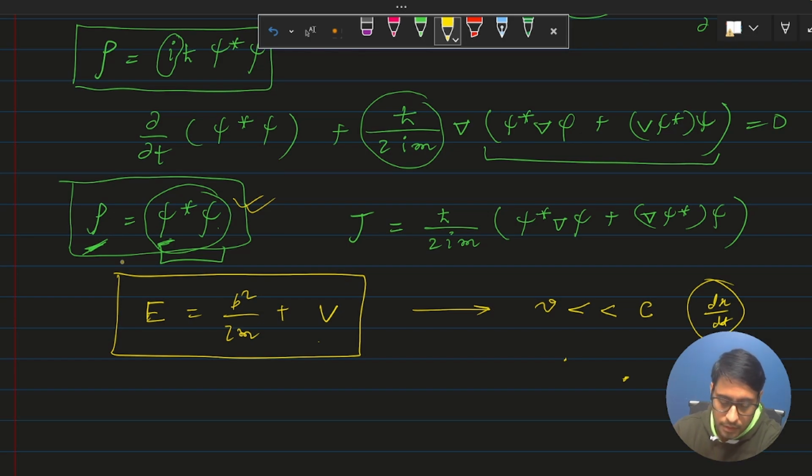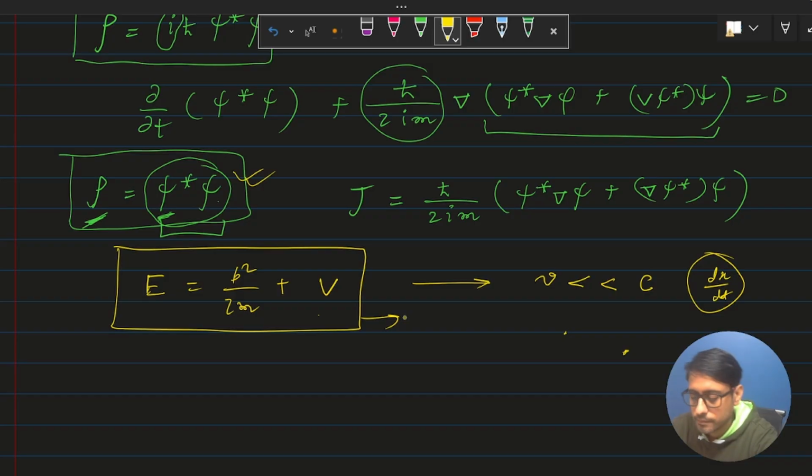Okay, and this equation is for the classical world. Okay, where a ball or a projectile is moving with some velocity, then we can write the total energy as kinetic plus potential. But for a particle like an electron, this energy expression cannot always be correct.